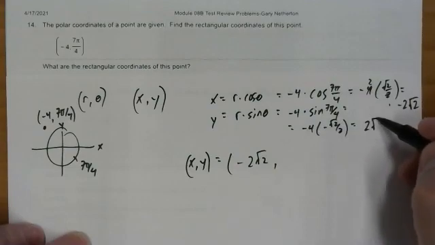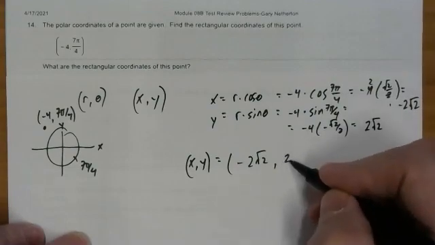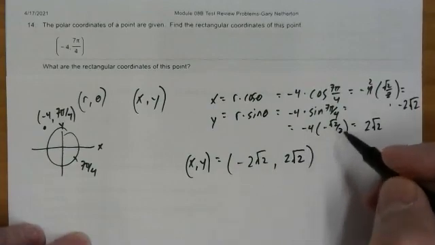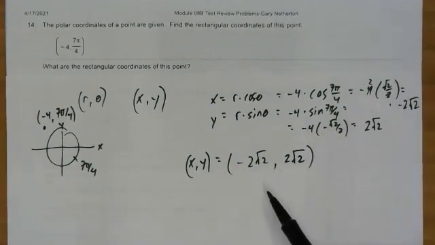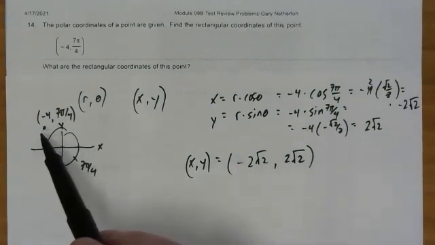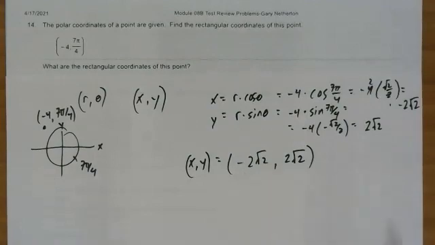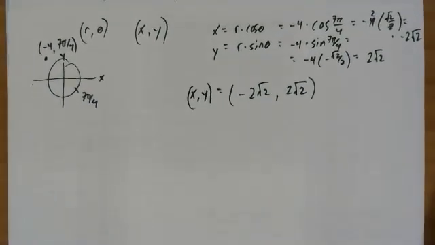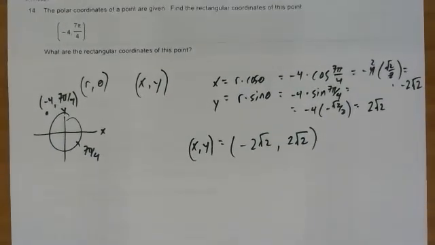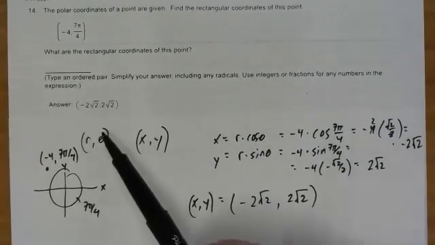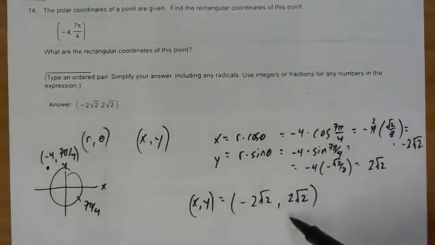So it's going to be 2 square root of 2. So my point should be a negative x, positive y, which is what that is. And these should be the values. And now we can check. And as it turns out, negative 2 square root of 2, 2 square root of 2. Very good.